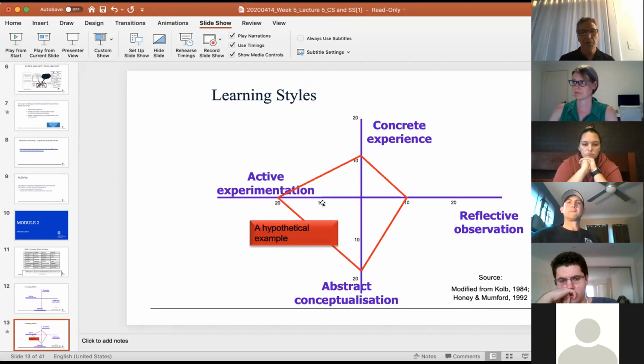Depending on your score on each of those, it will bring up your learning style. We won't do that right now, but you might want to do it at home and see what your learning style is.